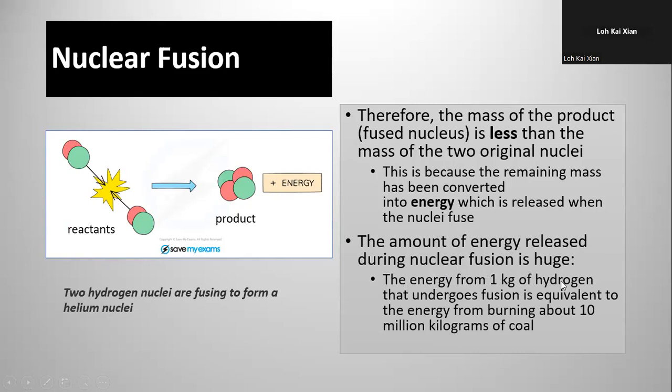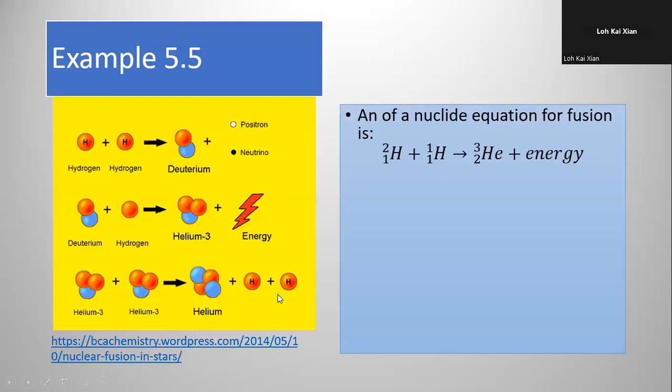The energy for 1 kilogram of hydrogen that undergoes fusion is equivalent to energy from burning about 10 million kilograms of coal. Just 1 kilogram of hydrogen equals 10 million kilograms of coal. It's just a small amount, but we produce so much energy.